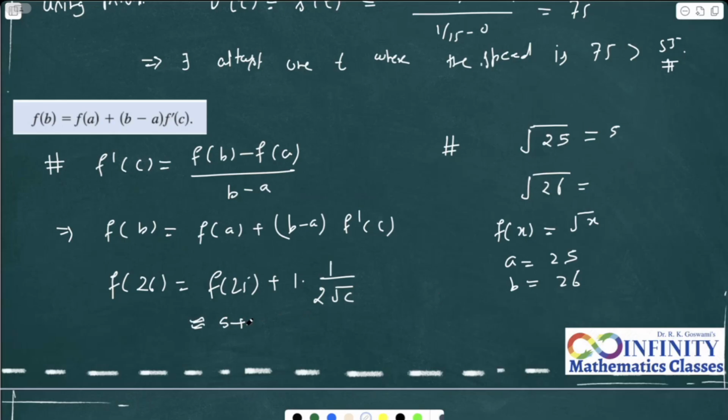But approximately, I'm just going to plug in 2 square root of 25. I cannot find the exact value, it is just an approximated value. So it is 5 plus 1 over 2 into 5, which is 5 plus 1 over 10, that is 5.1. Let me tell you, it is not the exact value, but you have an idea.